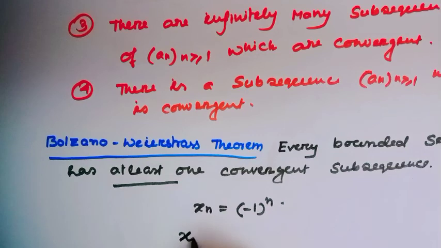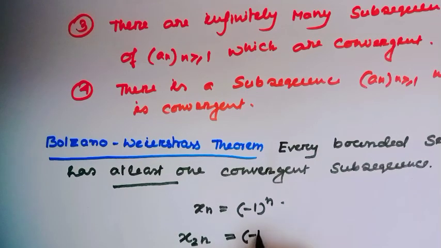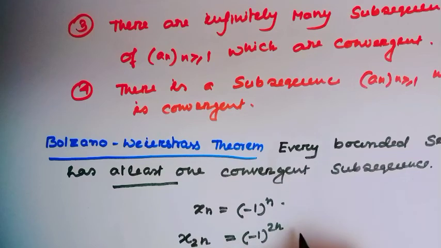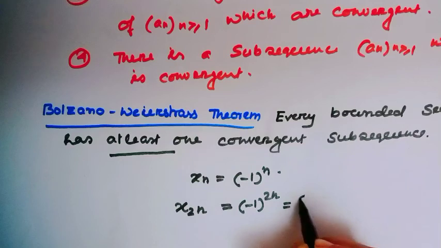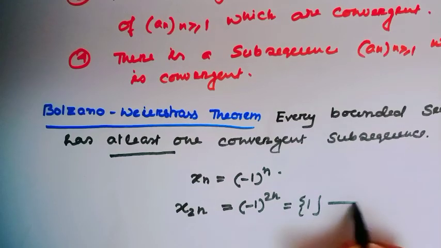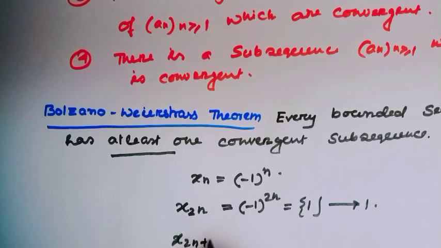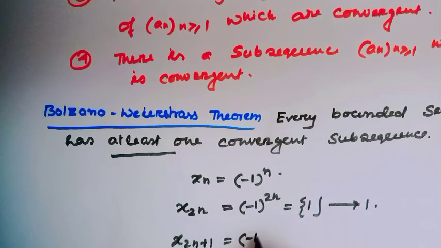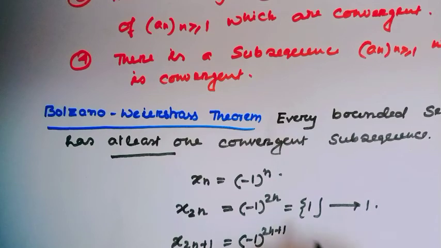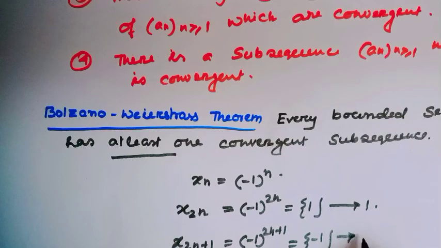If I consider the even subsequence x2n equals minus 1 to the power 2n, which will be the constant sequence 1, 1, 1, and this converges to 1, and the odd subsequence x2n plus 1 equals minus 1 to the power 2n plus 1, and this is the constant sequence minus 1 which converges to minus 1.